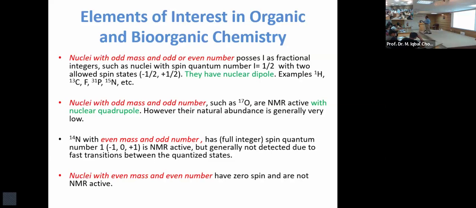But imagine how eager chemists were to detect C13 and how much time they actually took to develop C13 NMR spectroscopy. You know, FT NMR was developed, pulse NMR spectroscopy, signal averaging.